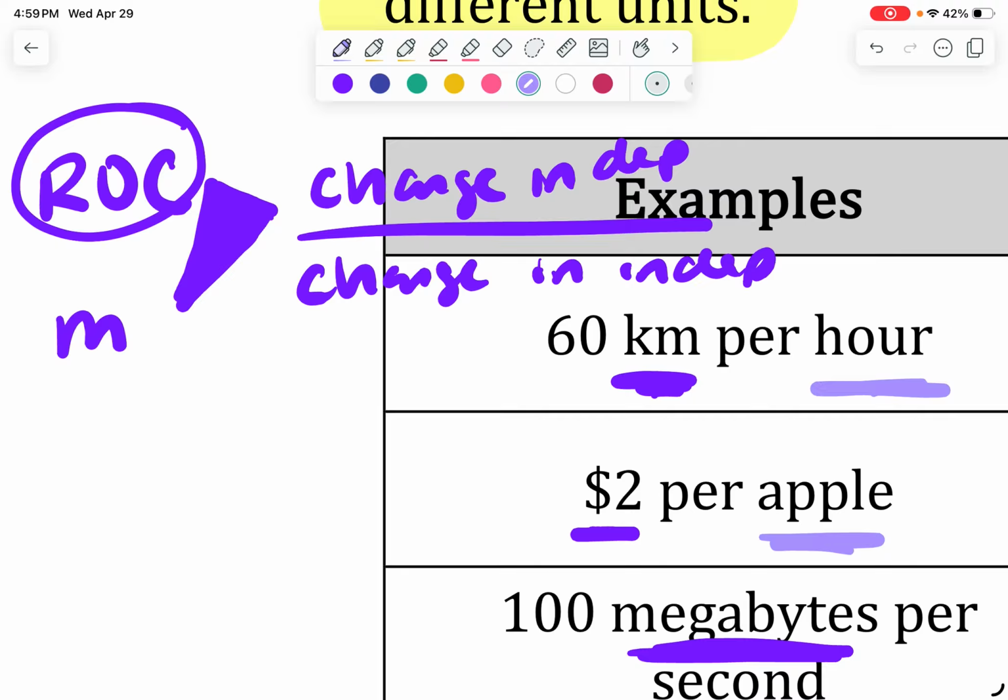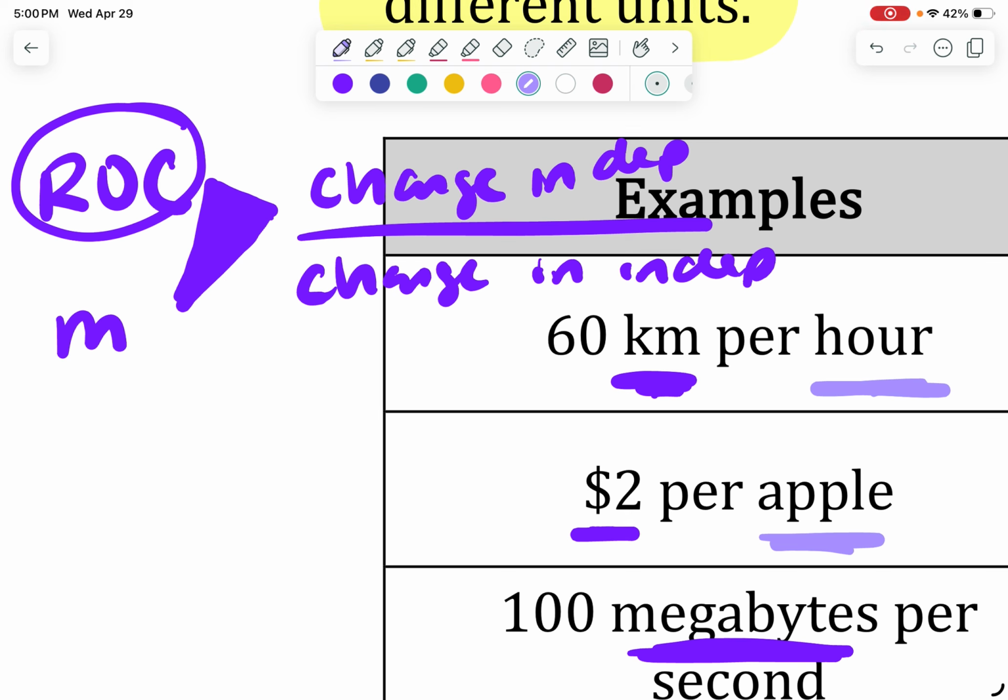Now in grade 10, the reason why you focus on the word slope is because you're mostly focusing on the graph. You're not really focused as much on the context or what's happening there. You're focusing on the graph and building the equation with the numbers provided, and not so much in terms of interpreting what's going on.